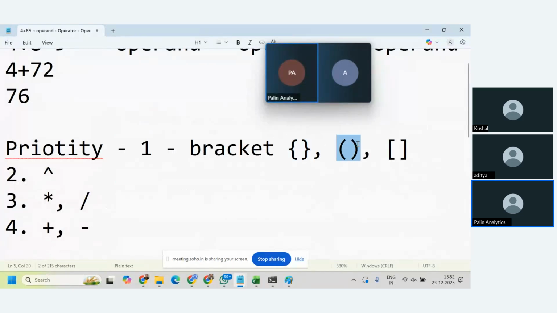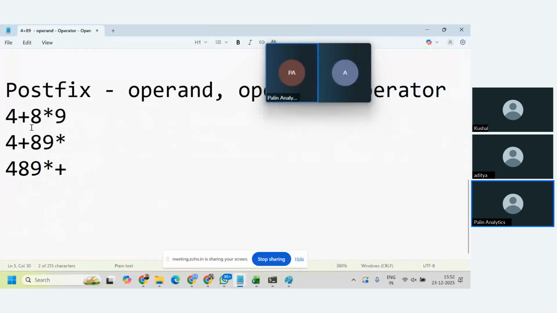What the system does is just convert this entire equation into the postfix equation. Here it does all the calculation and then supplies the result according to that. Okay. So this is a general calculation system.